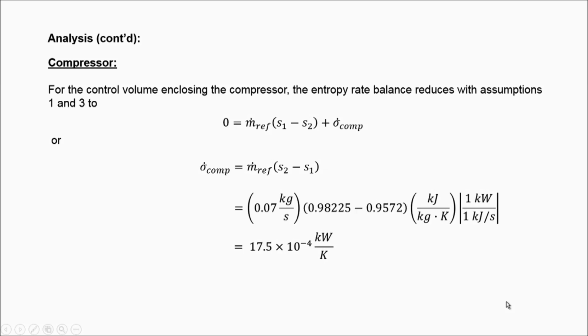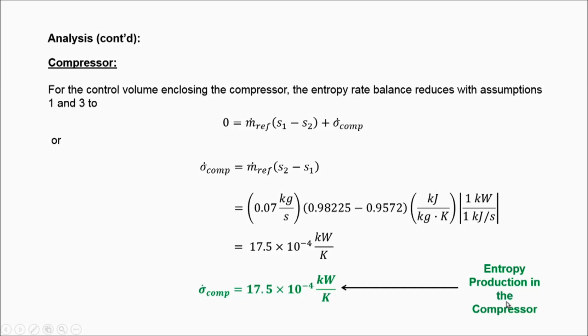Substituting the numerical values and evaluating the expression, we get an entropy production in the compressor of sigma dot compressor is equal to 17.5 10 to the minus 4 kilowatt per Kelvin, which is the second answer we were seeking.